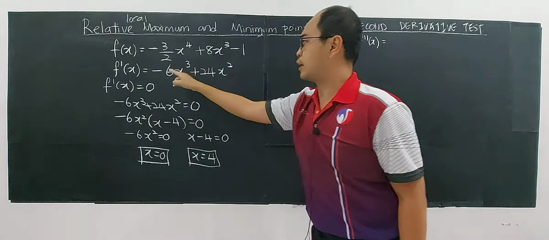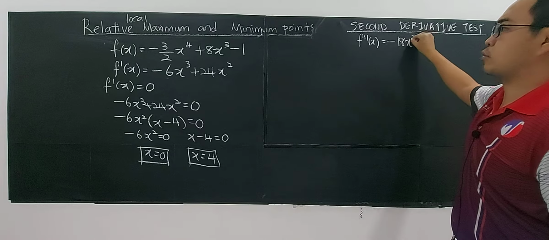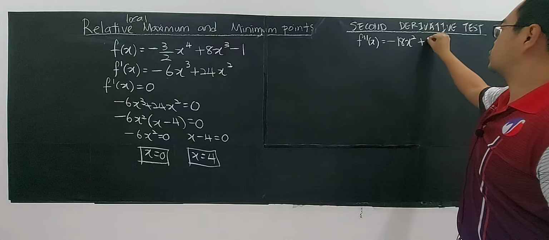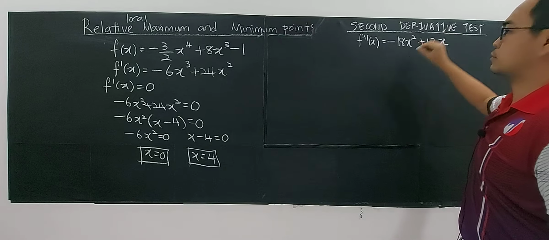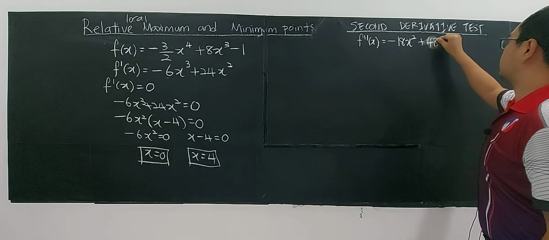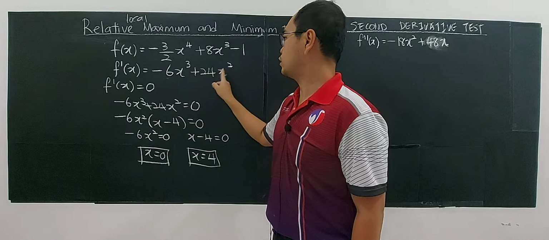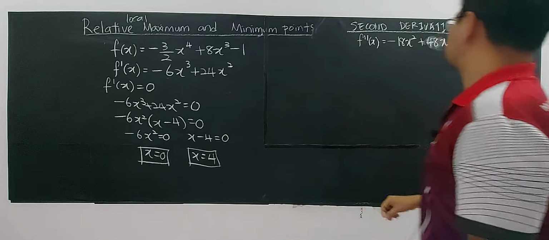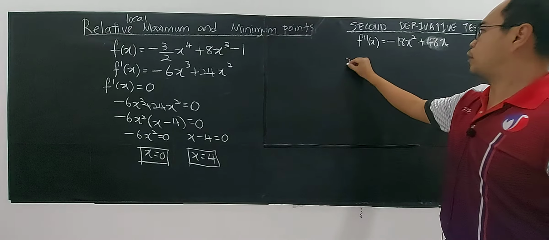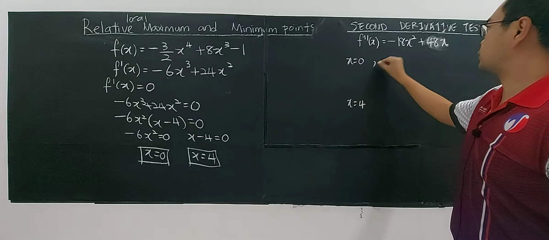Differentiate again. So negative 18x squared plus 48x, because 3 times 6 is 18 and the power becomes 2. So for these 2 points, x equals to 0 and x equals to 4, I'm going to substitute into this second derivative to do a test.